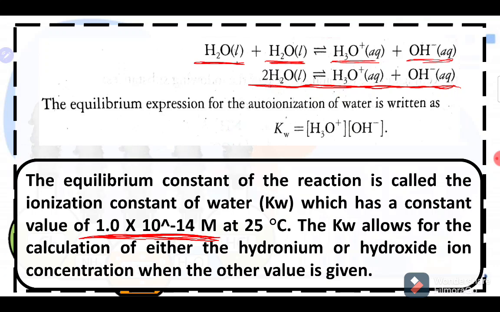The Kw allows for the calculation of either the hydronium or hydroxide ion concentration when the other value is given. So let's have this example.